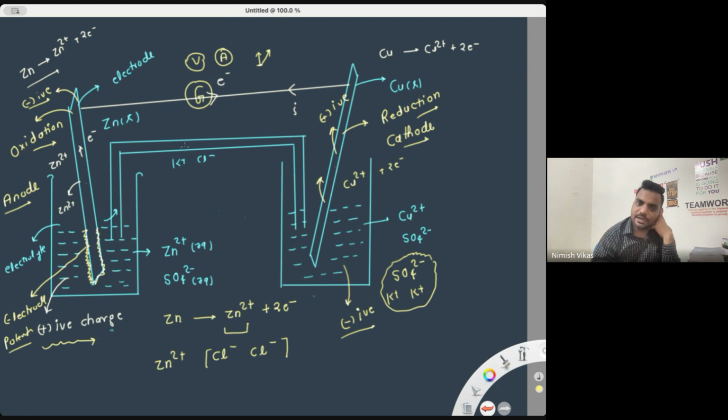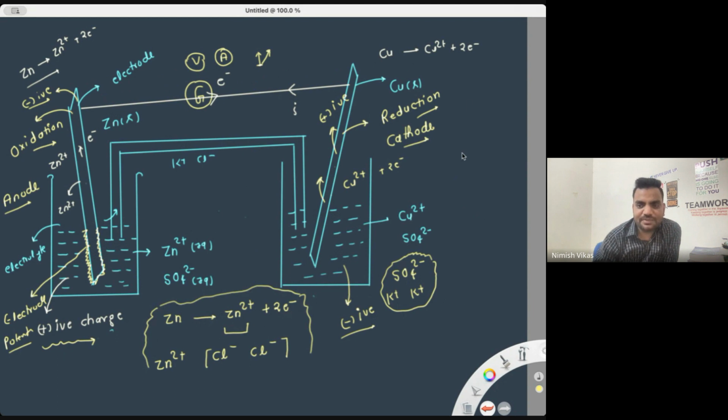And we are also seeing a continuous flow of electron. This is how the redox process works in electrochemical reactions. Zinc is losing electron, this is oxidation. Cupric ion is gaining electron, that's a reduction.